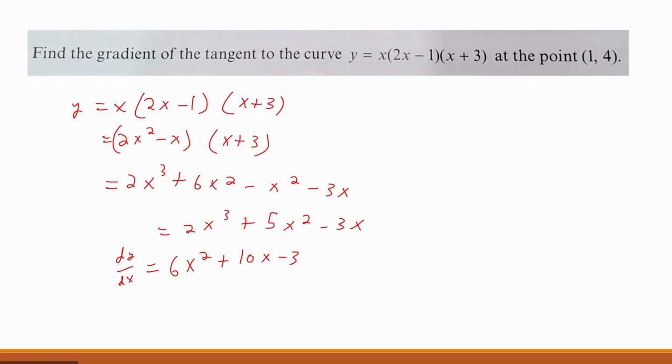We are supposed to find a value, and they already gave you the value of x at that point, so you are just going to insert it. 6 into 1 squared plus 10 into 1 minus 3. This gives me 6 plus 10, 16. 16 minus 3 gives me 13. This is going to be your gradient for this question. Alright, that's it for part 1 of this video.